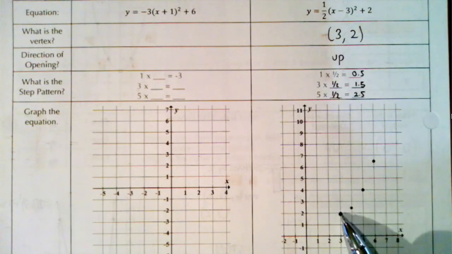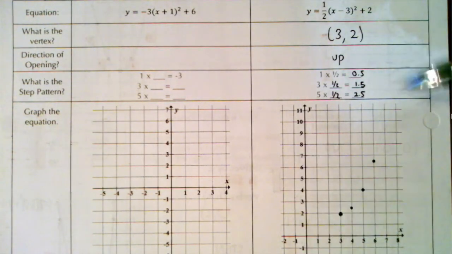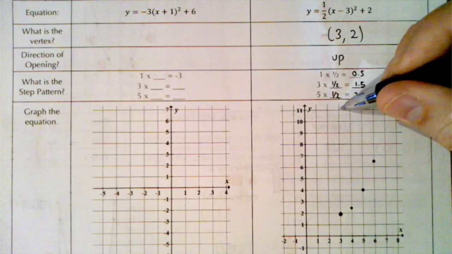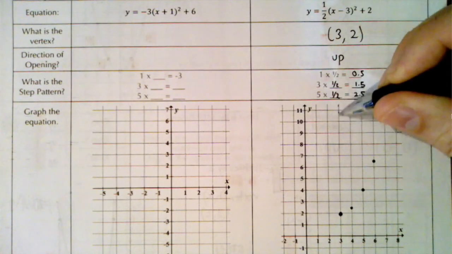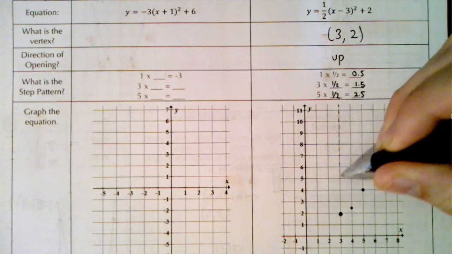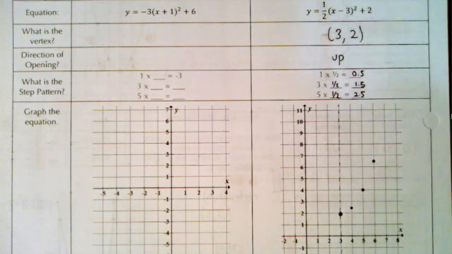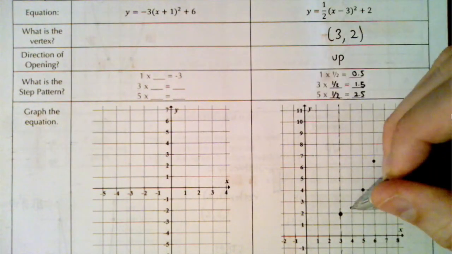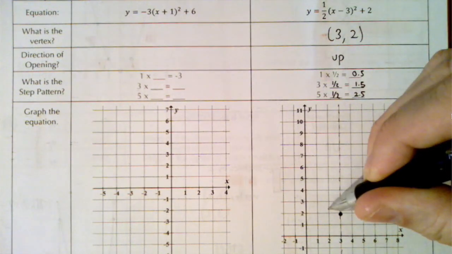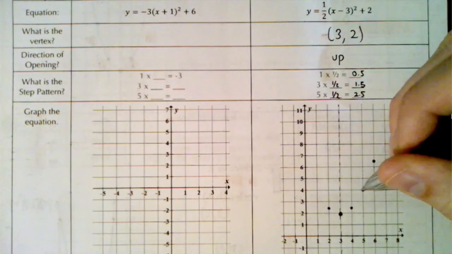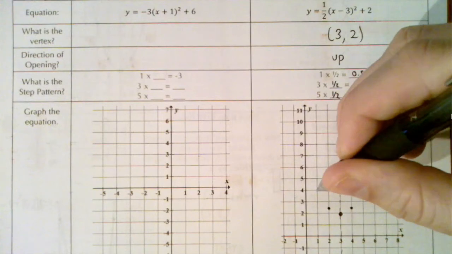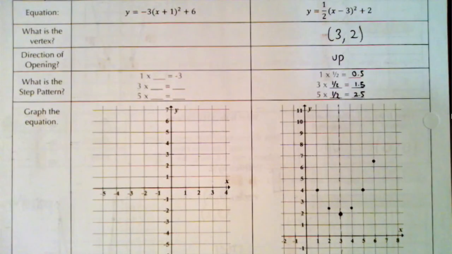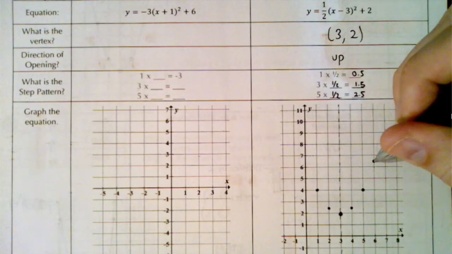or we can use the axis of symmetry. We know our graph is going to be symmetrical around the vertex. So if we have a point here, that means we're going to have another point here. If we have a point here, we're going to have another point here. How do I make sure? Count to the vertex and then count across.